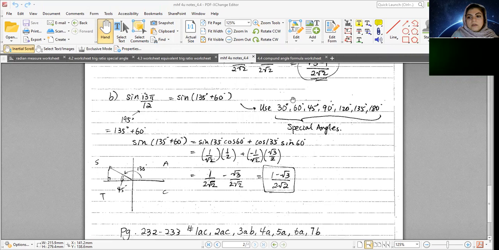So here is another example, sine of 13π over 12. First, you need to convert it into what? Into degrees, it is 195. You can write 195 as 180 plus 15.